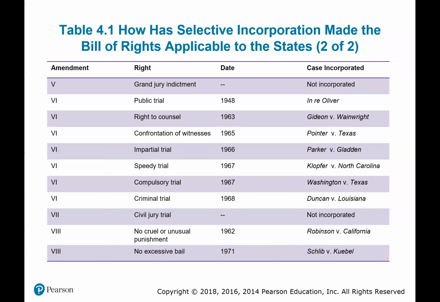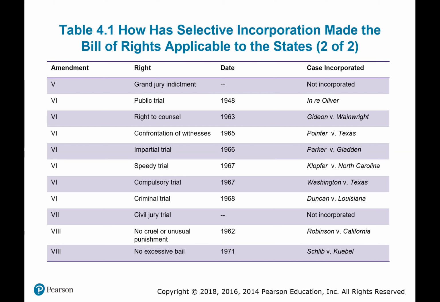Amendment 6, impartial jury and speedy trial in the 60s was upheld and incorporated to the states. Compulsory process was also in the 60s, criminal jury trial in the 60s, as far as a jury trial was upheld and incorporated to the states. Civil jury trial has not been incorporated.